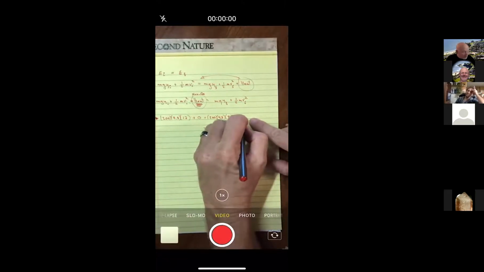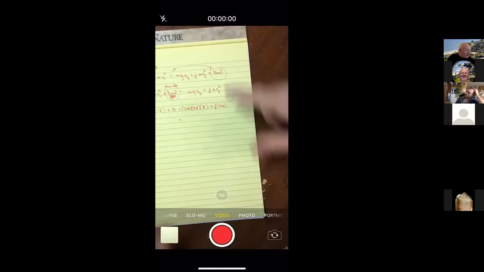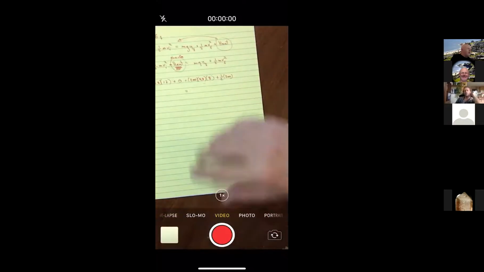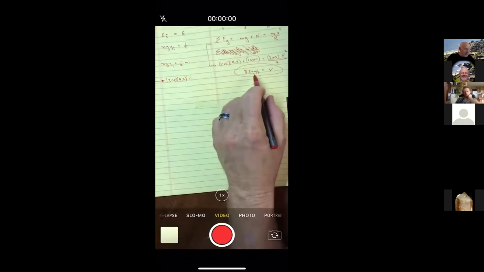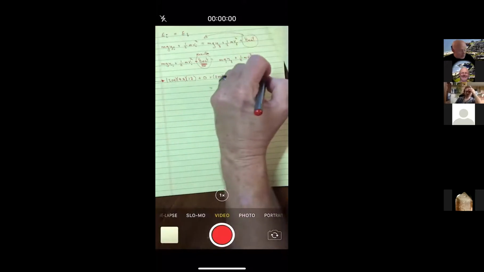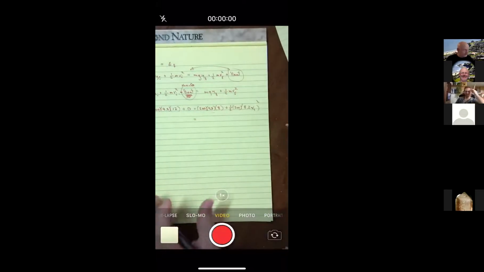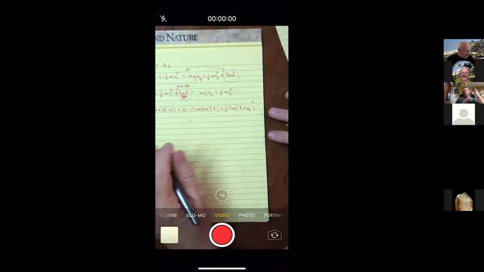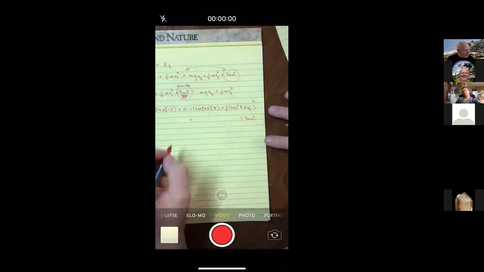And of course, it is moving at a speed of, and that's what we were getting from what I'll call our first step here, 8.2 meters per second. Oh, I ran out of room on my paper, so I'll just put plus heat down there.